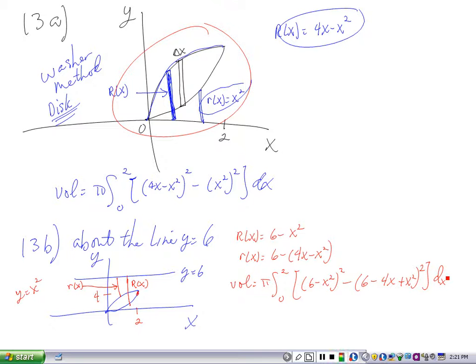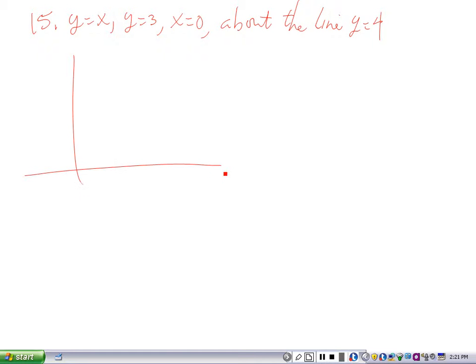Let's look at number 15. y equal to x, y equal to 3, x equal to 0, about the line y equal to 4. We draw this out.